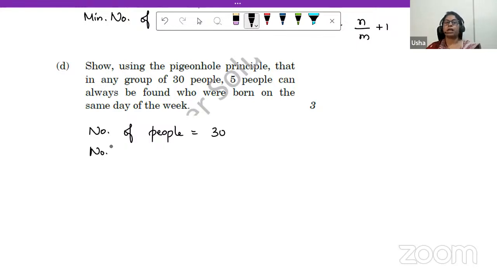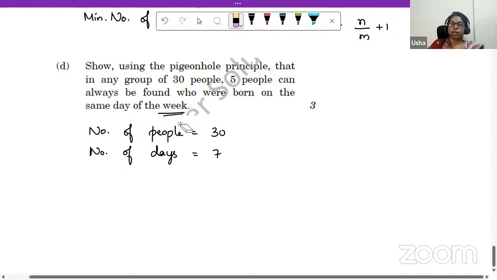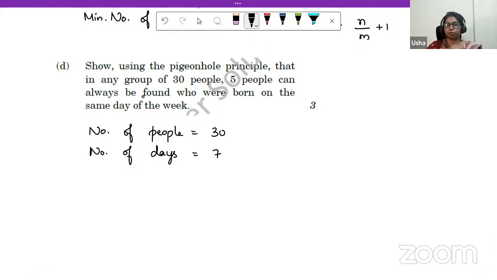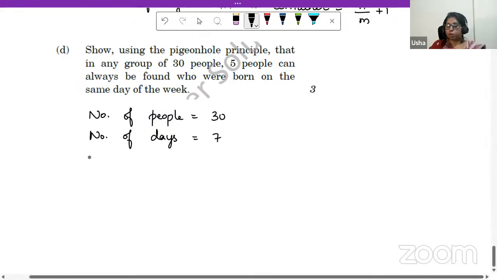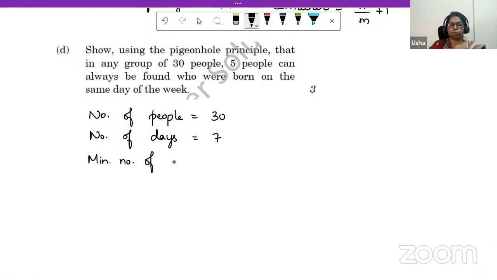So if I group them that way, then those groups are nothing but the days, right? So the number of containers here is nothing but the number of days, which is 7. Because we talk about the day of the week, there are 7 days. So these 30 people, I have to group them into 7 groups. Now, the minimum number of people born on the same day.